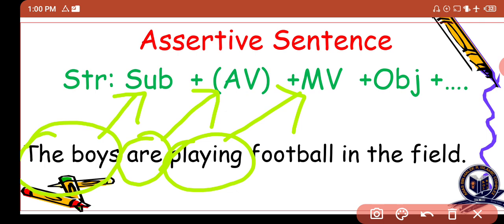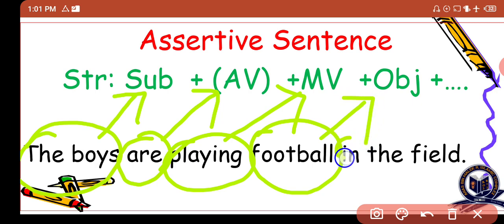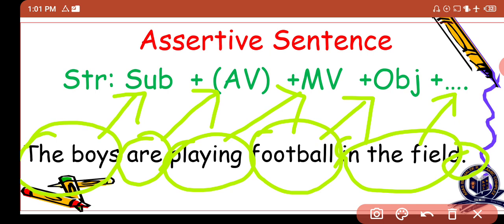Playing is the main verb. The object is football, and in the field is the extension. And at last we have to use a full stop. So this is the structure of an assertive sentence.